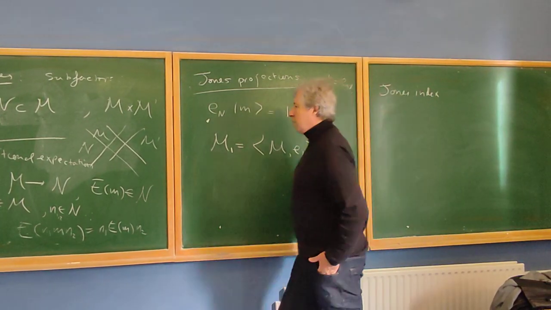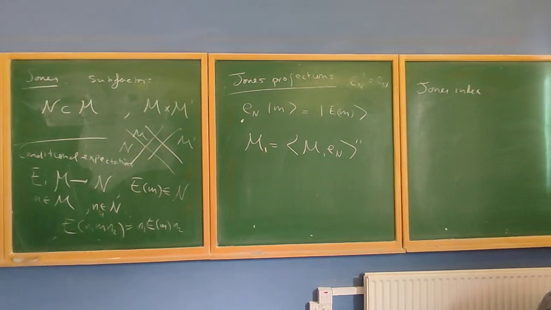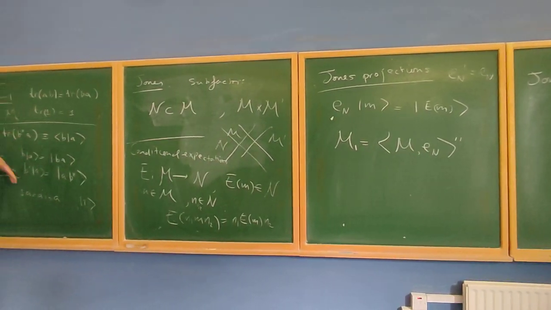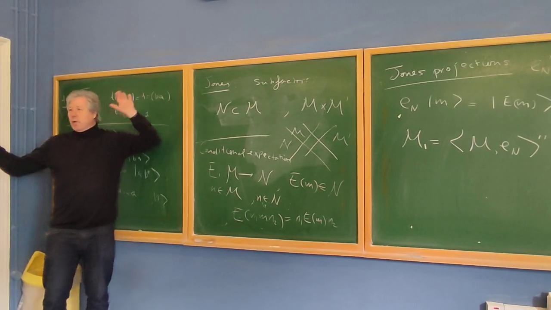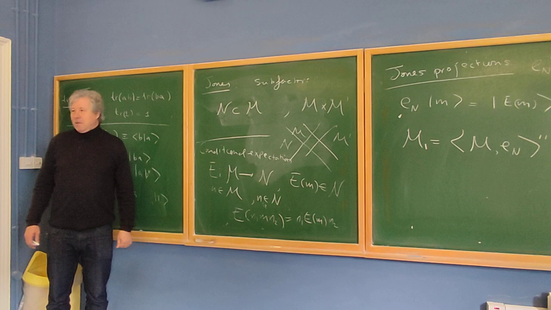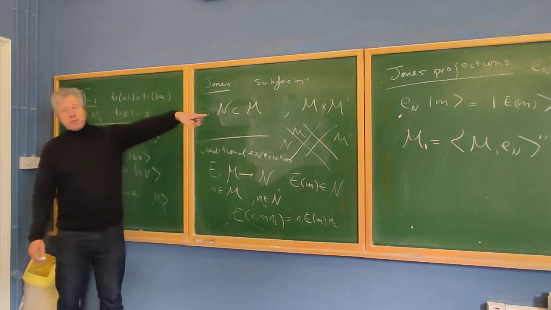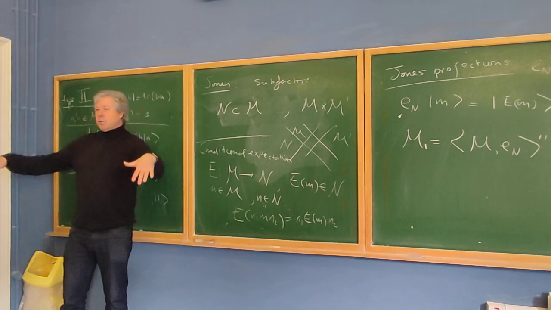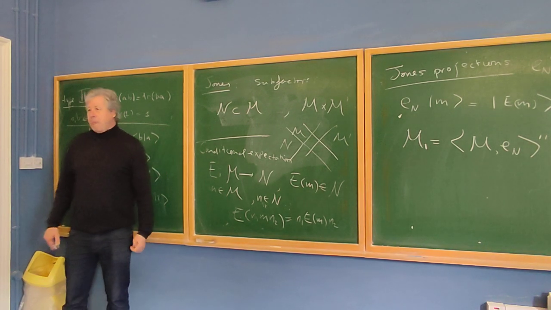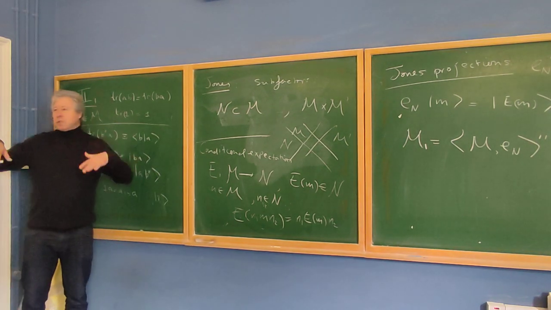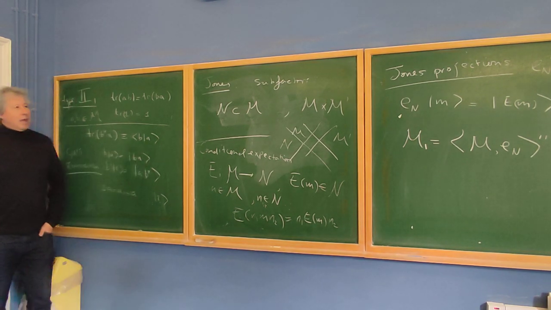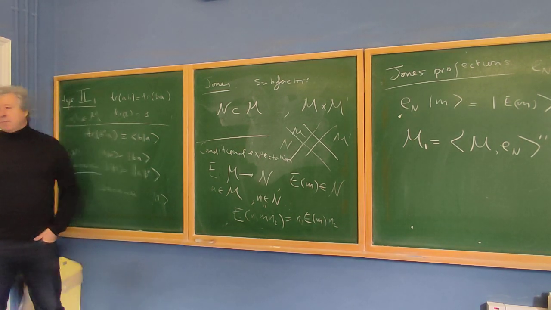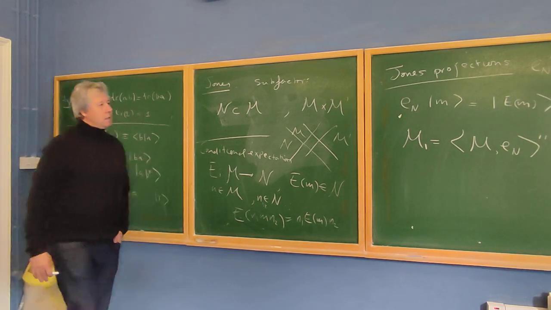Or maybe I could make it clear here, because if I would build a Hilbert space out of elements of N, it's clearly a smaller Hilbert space. Because this object is a projection, and a projection projects on a smaller subspace. So you can ask, by how much did we make the Hilbert space smaller? And that is defined by the Jones index.